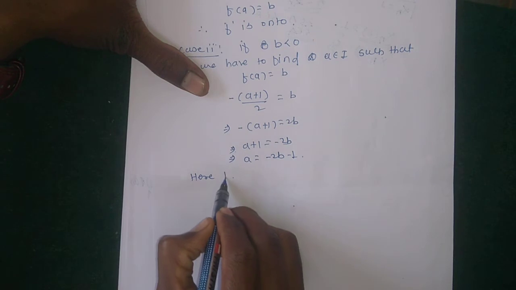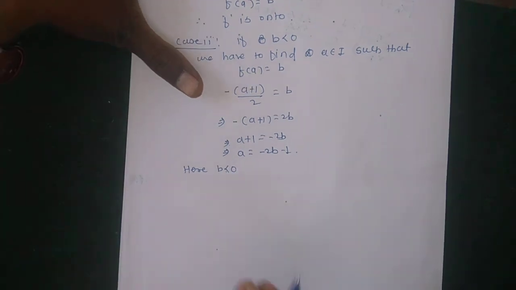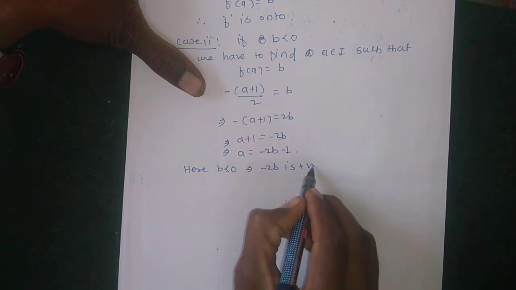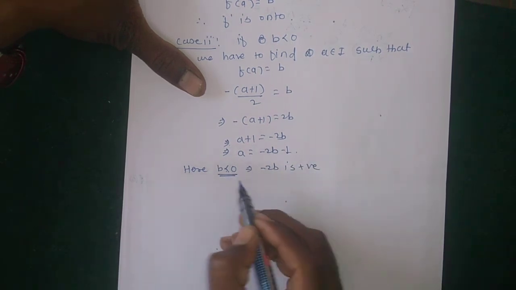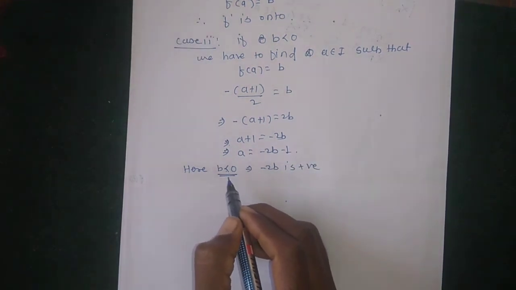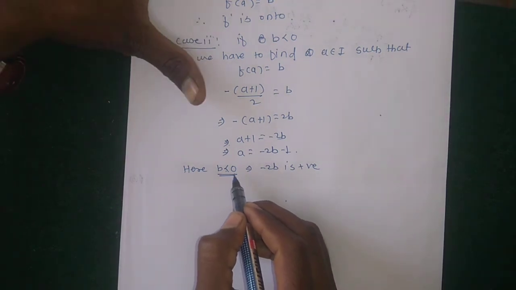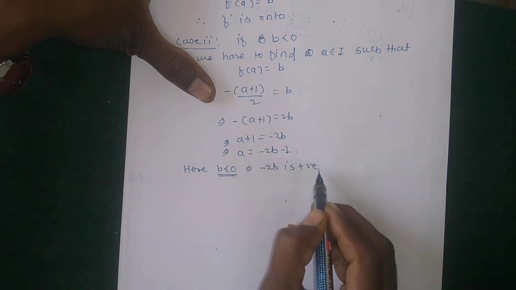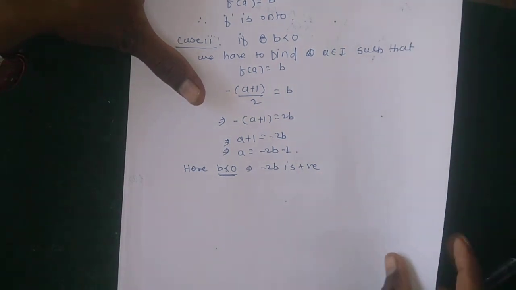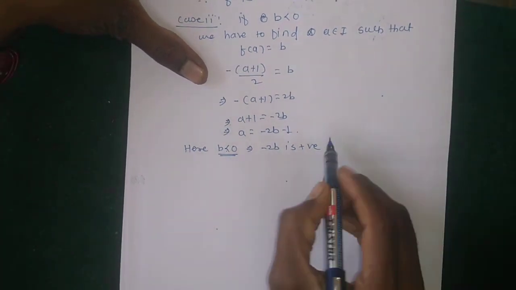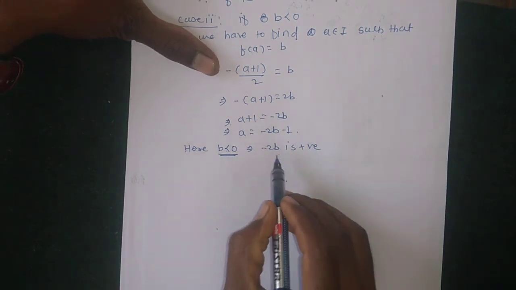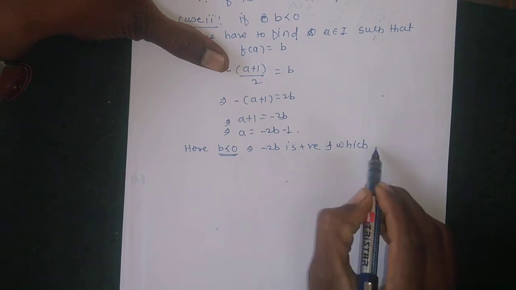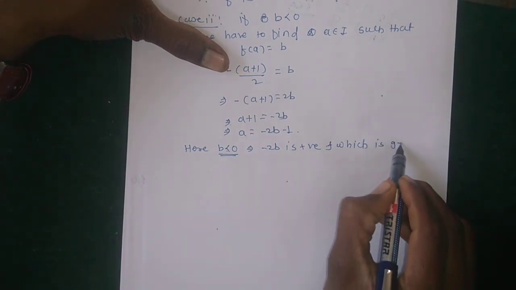But here b is negative, which implies that minus 2b is positive. b is less than 0 means b is negative. Multiplying by -2, then -2b is positive because minus times minus is plus. And this -2b is positive and greater than 1.